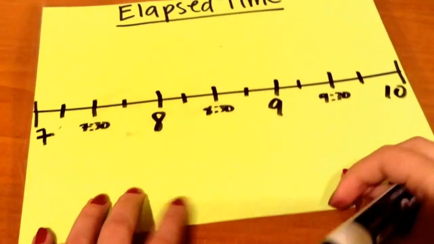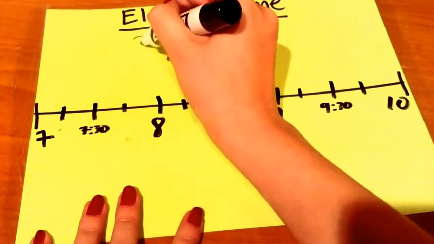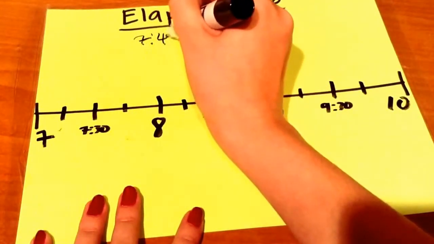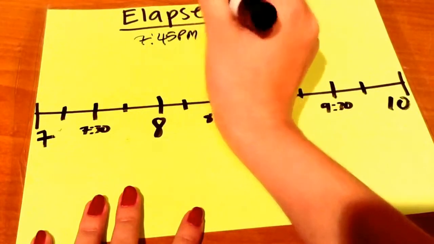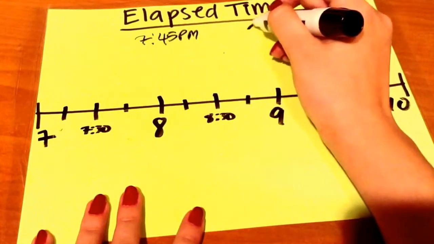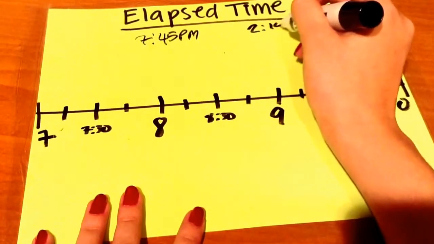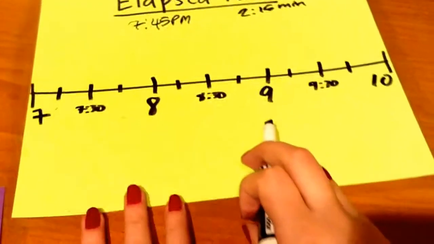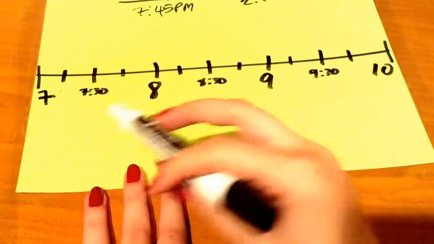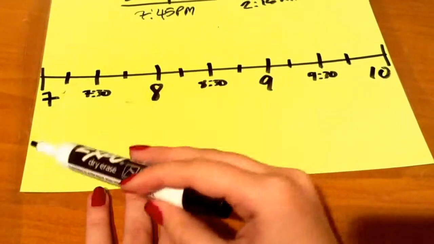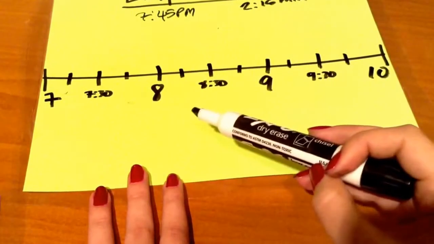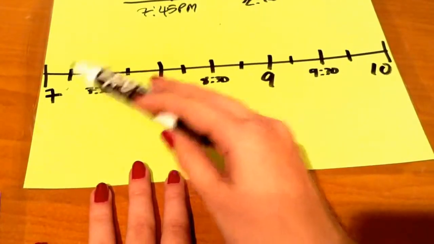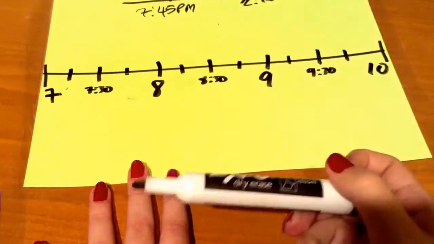So just to refresh your memory, we start at 7:45 p.m. and then the movie is 2 hours, 15 minutes. So here on this number line, I have hours, the time, 7, 8, 9, 10. And then each one of these little tick marks represent 15 minutes.